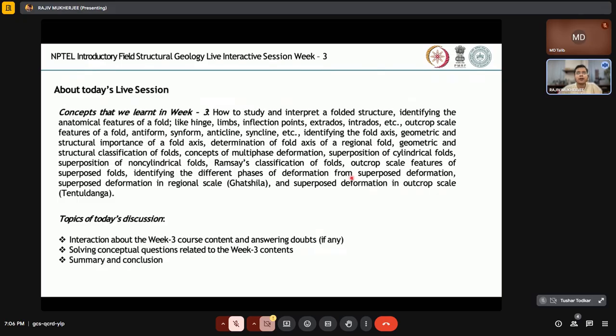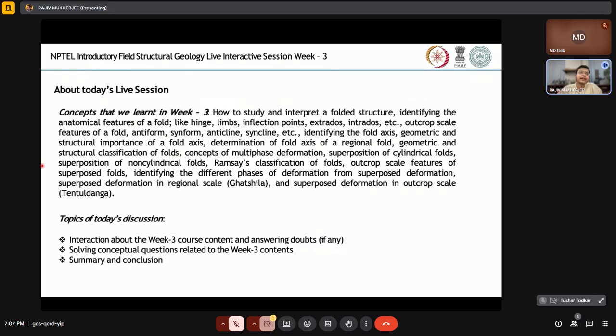And then of course how the knowledge of superposition of deformation can be applied to understand and interpret the superposed deformation in regional scale, that is the overall region of Ghatshila that we carried out through lithostructural mapping of different outcrops by observing different small scale features like crenulations and folding of S1 surfaces, and then refolding of the S2 surfaces and generating F2, whether F2 and F1 are parallel or whether F2 and F1 are perpendicular.